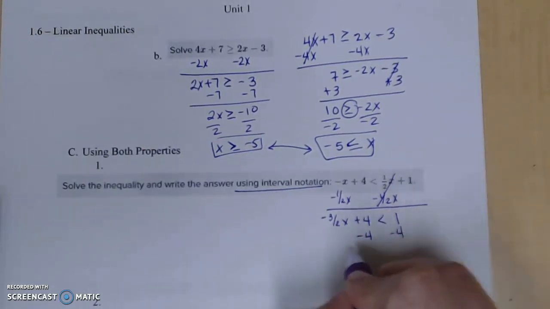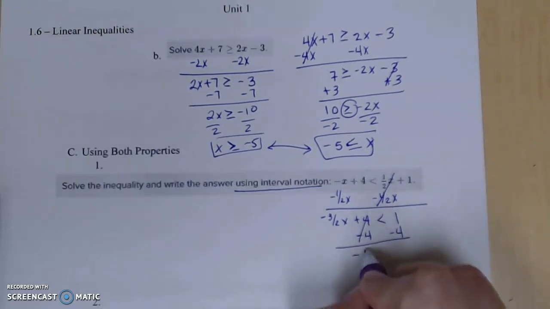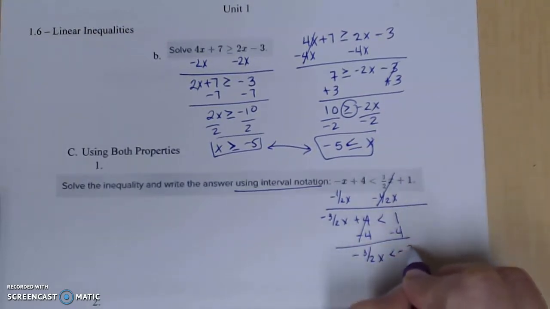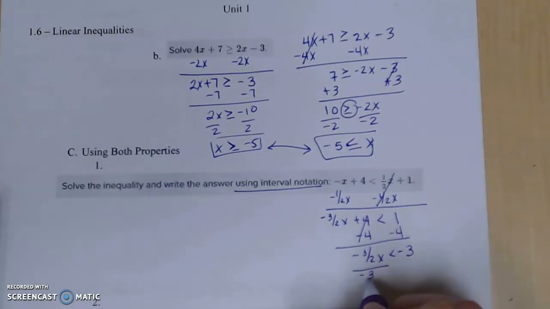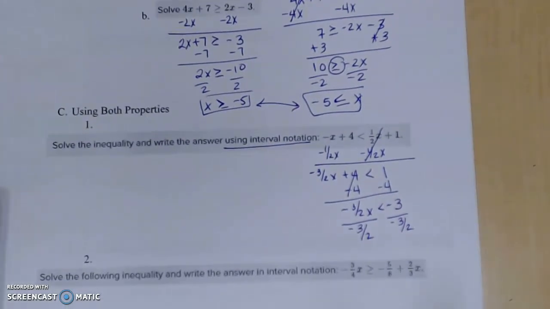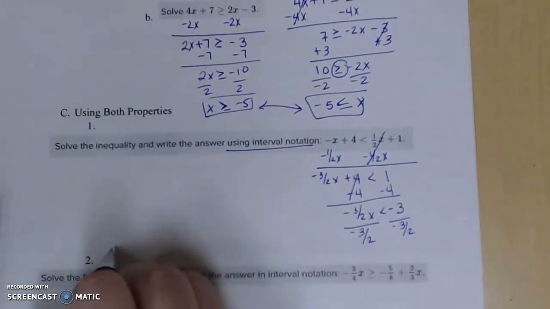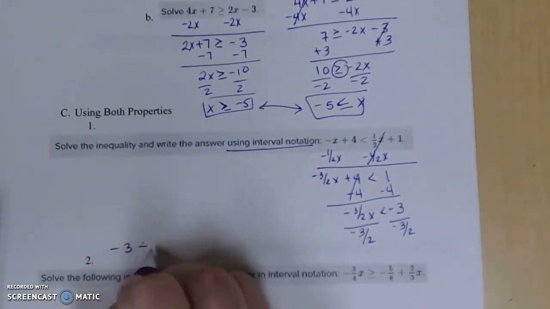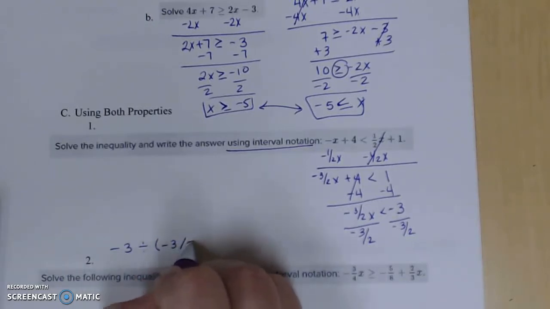Subtract the 4. Gives me negative 3/2 x less than negative 3. And then divide by negative 3/2. Now don't let the fraction freak you out here. Just use your calculator and go in there and type negative 3 divided by parentheses negative 3 divided by 2.